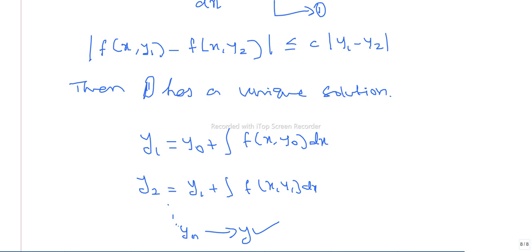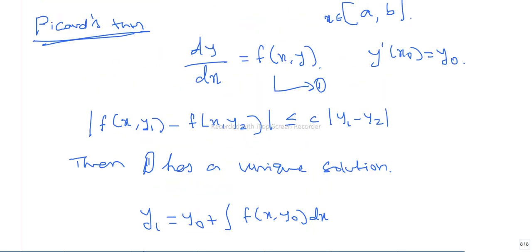So this is Picard's theorem. Picard's theorem says if you take a first order differential equation of the form dy/dx = f(x, y), then f should be a Lipschitz function in the second variable, that is, |f(x1, y) - f(x2, y)| should be less than or equal to c times the difference, where c is some positive number.